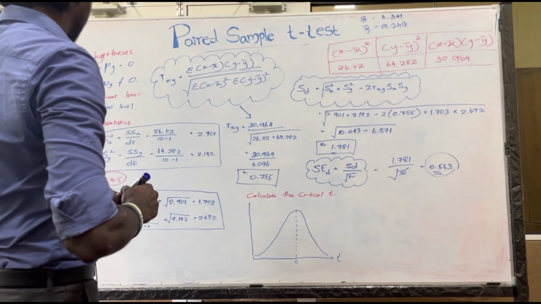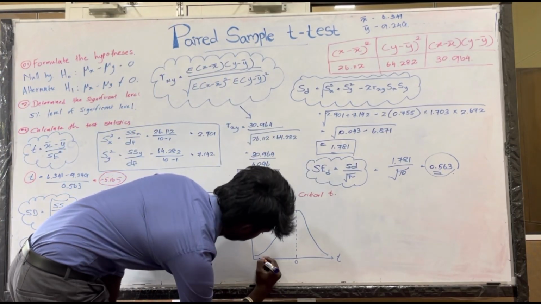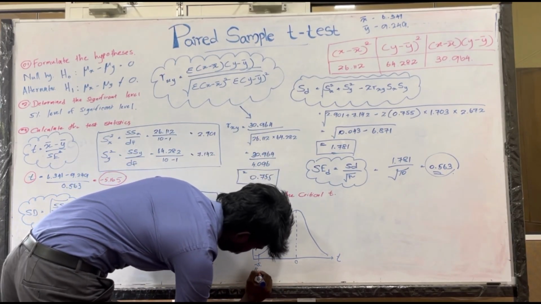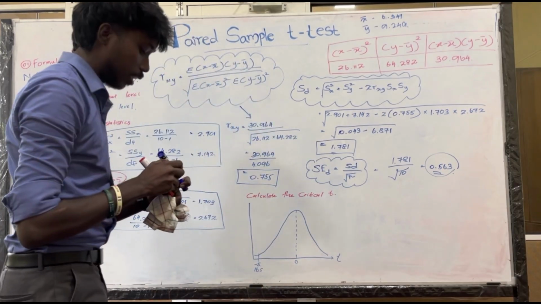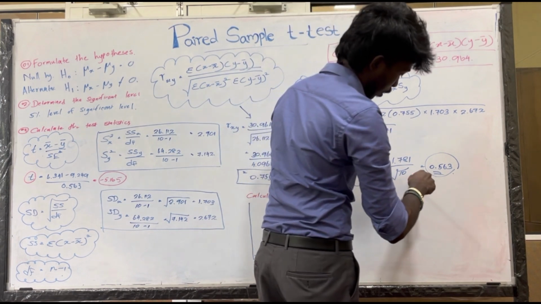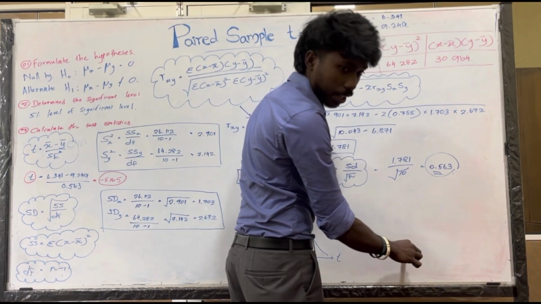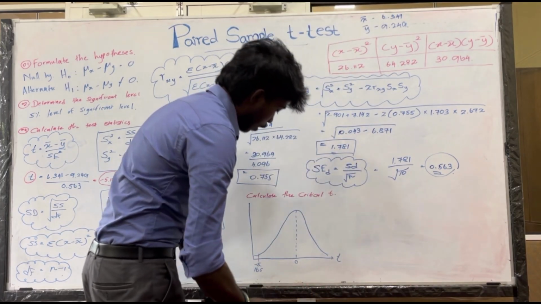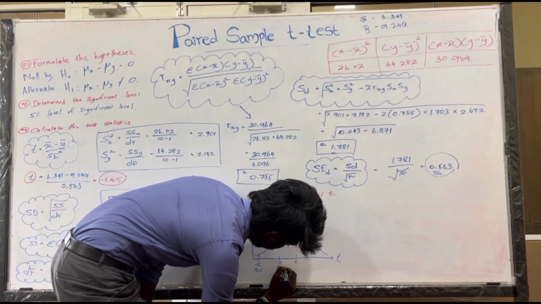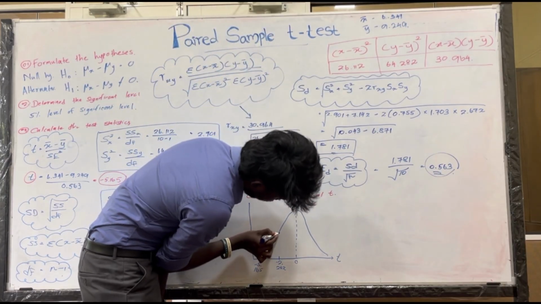Our t value is minus 5.165, represented like this. Next, using the statistics table, we should find the critical t. Using the vertical axis, find the degrees of freedom 9, and we get the critical t value of minus 2.262. So this is the rejection region.